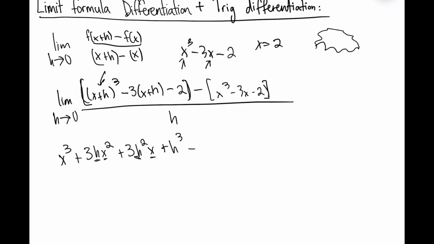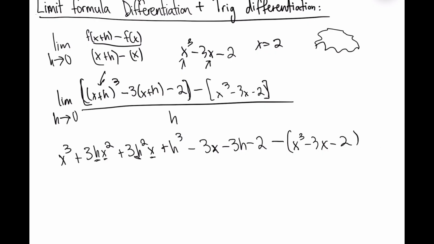And then we have to expand the negative 3 times x plus h. Then subtract all that by x cubed minus 3x minus 2.